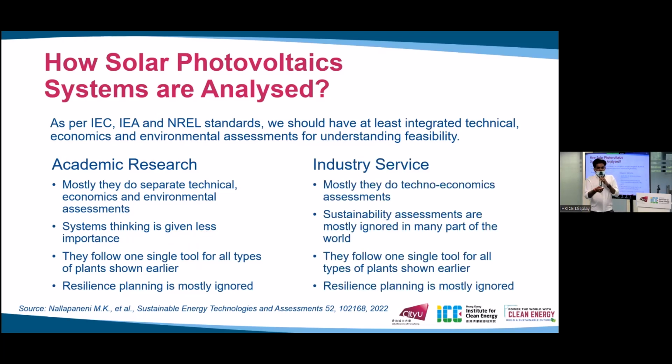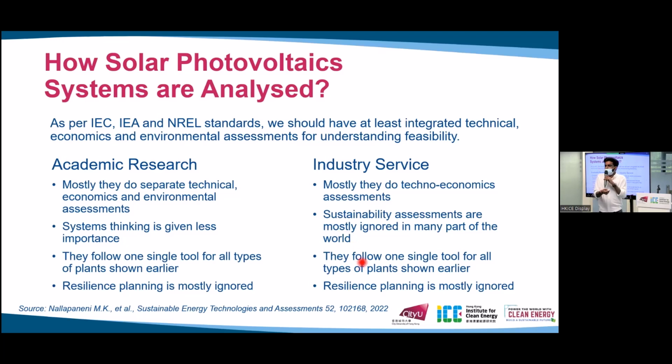Now, if you see the industry, many people who want a photovoltaic power plant installation generally approach an industry. What industry does is simply techno-economics, and they ignore the sustainability assessments. If I speak from my personal experience, because I have worked as an energy engineer in Nigeria, installing solar power plants for UNDP projects, what we see is they don't really account for sustainability in the way it has to be accounted at this stage, as scope 1, scope 2, or scope 3.